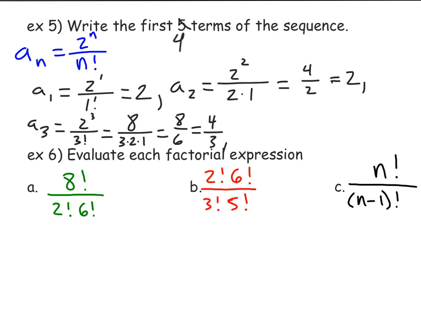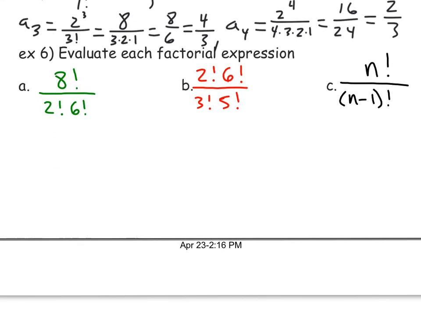So the third term would be 4 thirds, and our final one. Four factorial would be 4 times 3 times 2 times 1. The top would be 16. All those numbers in the bottom would multiply to 24, so the term is 2 thirds. Alright, we'll wrap up with these 3.